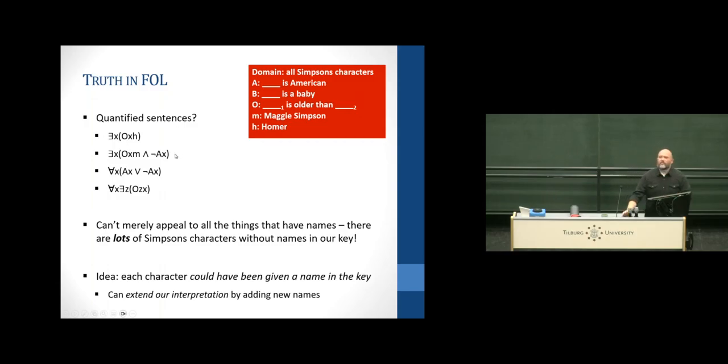How about our second one? Our second sentence basically tells us, kind of translating back, hey, there's something in the domain that's older than Maggie and isn't American. Something in the domain that isn't American and older than Maggie. True, false?